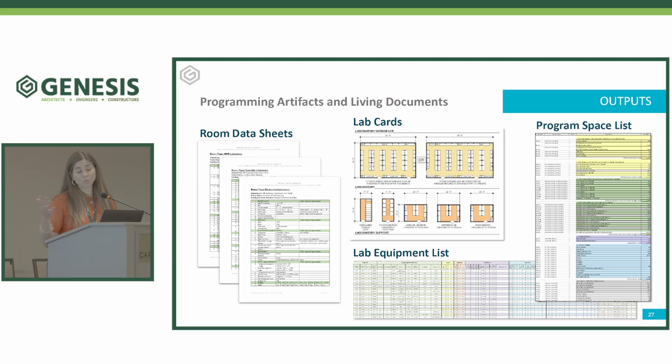Lab cards work to provide similar information, but as well as providing generic layouts that are site agnostic and help visualize and confirm the spaces needed, the physical space needed and the working space required for any given program. So determine as part of your project initiation the utility and applicability of each of these types of tools for any given project, and they will all serve you very well throughout the rest of the process.